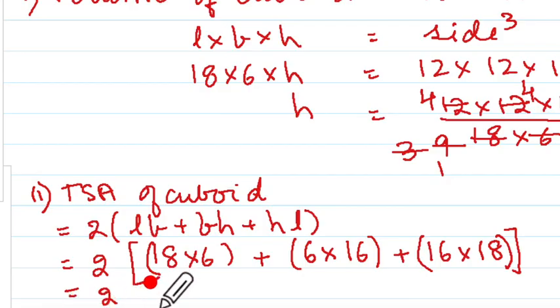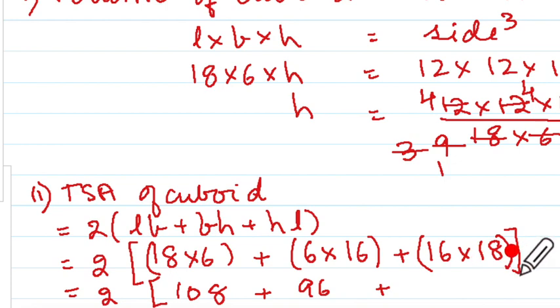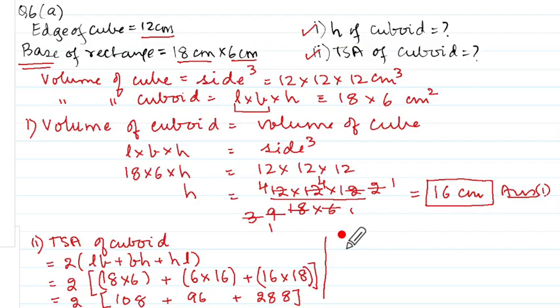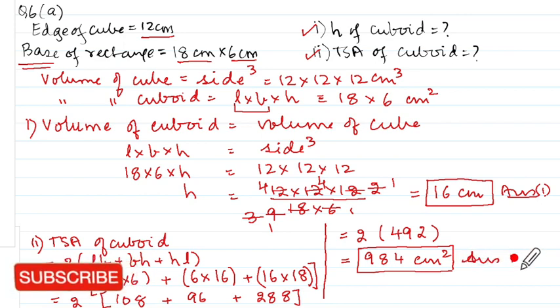That gives us 2 into 18 into 6, 108, plus 16 sixes, 96, and this will be 16 eights, 128, 16 ones and 12. So 288, yes. That will give us 2 into bracket, add this together. So 8, 6, 14, 14 and 8 is 22, 492. Multiply this with 2. So it will be 984 centimeters square, and that is our answer 2.